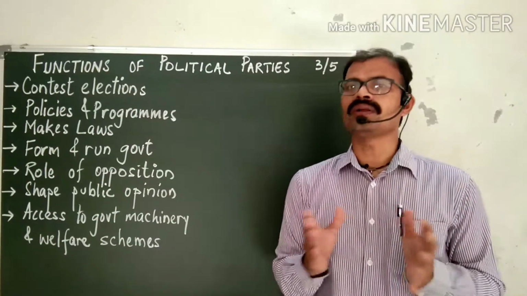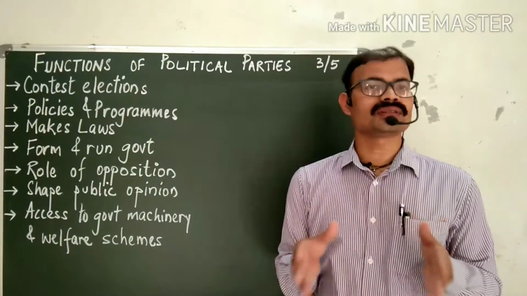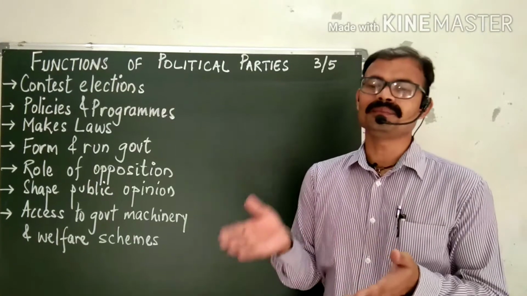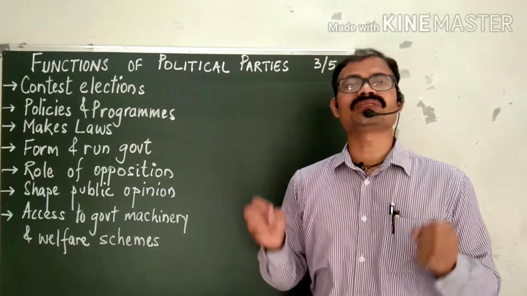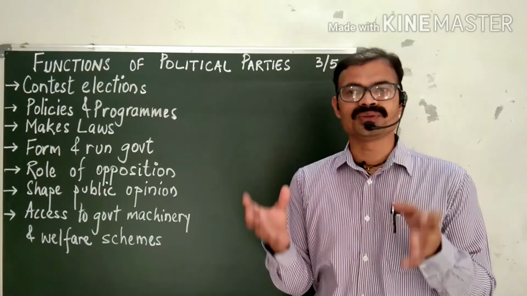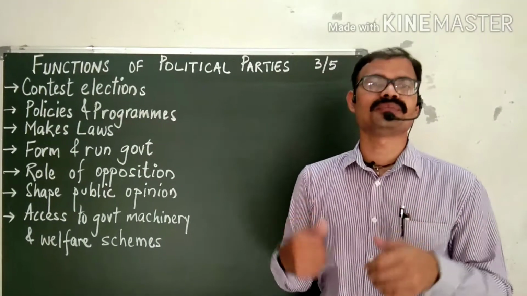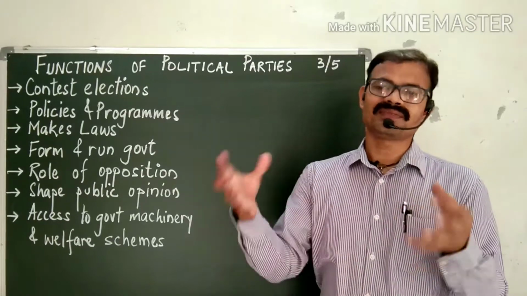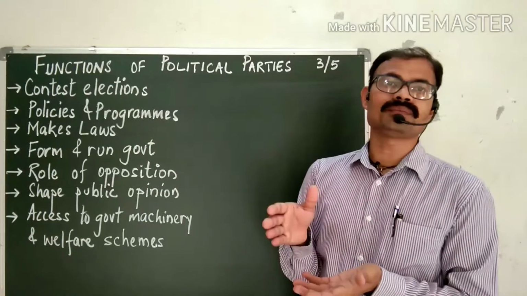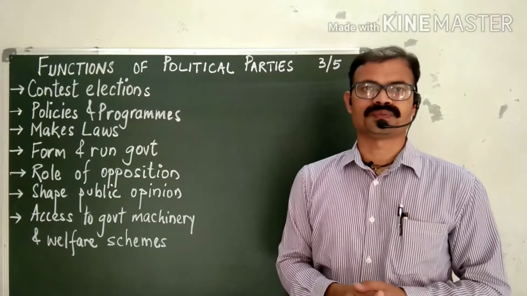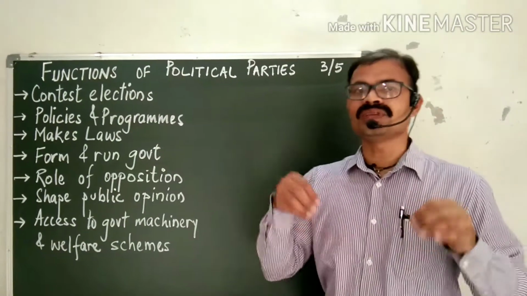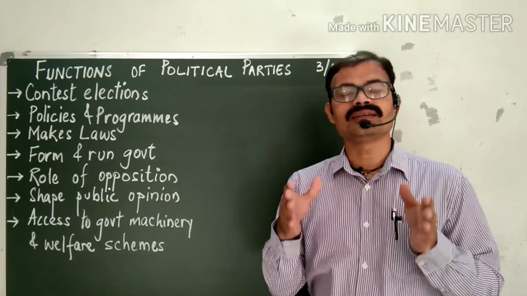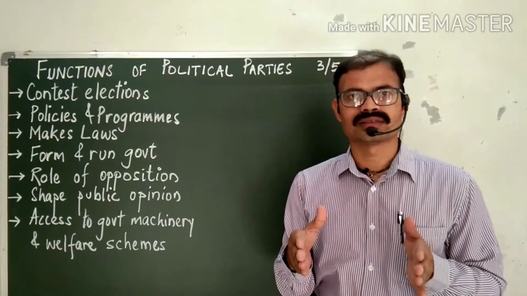But all these policies cannot be implemented by the party. So out of those thousands of good views and policies that they want to make, they filter them and then prepare their manifesto or their agenda. These are the guidelines on which our party functions.